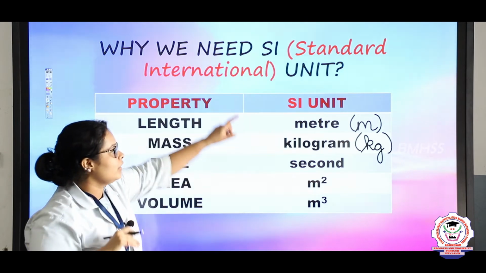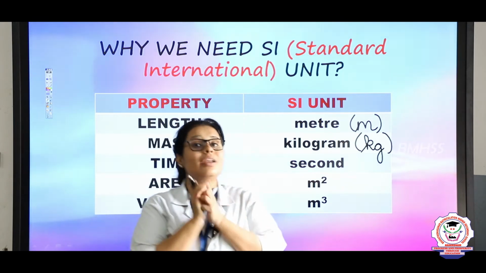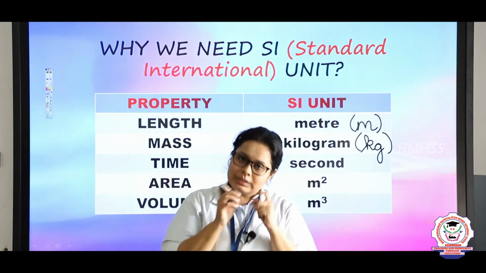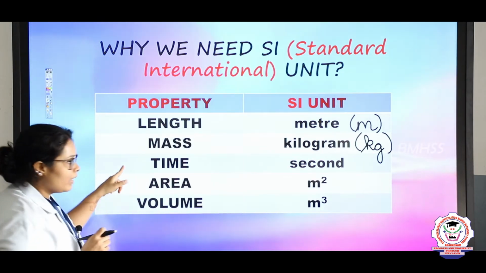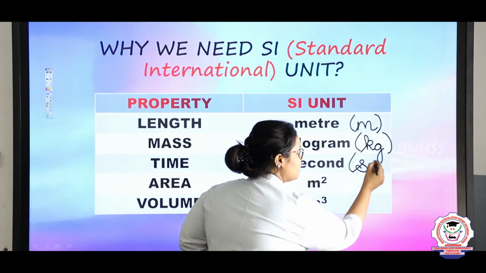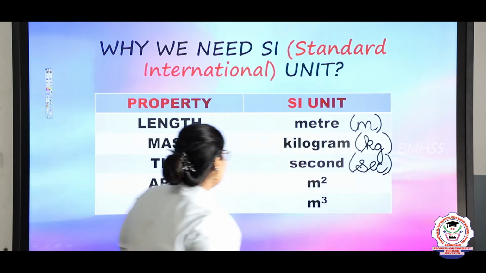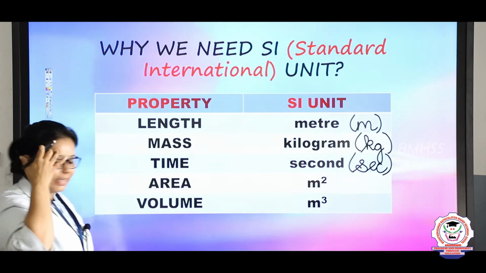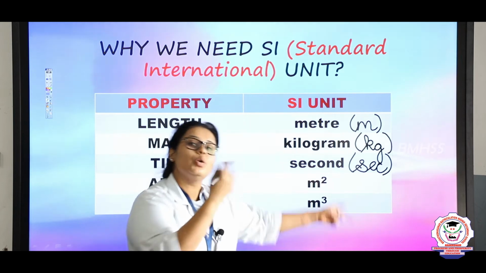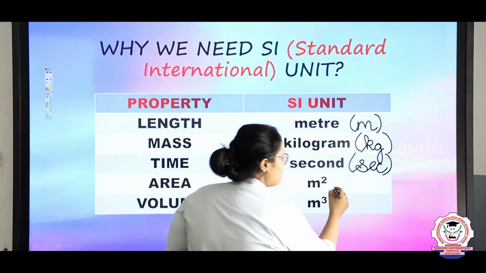Children, these we write in small letters, not in capital letters. In the same way, time is always in seconds, written as sec. Area and volume we write as m squared and m cubed, where m is meter.